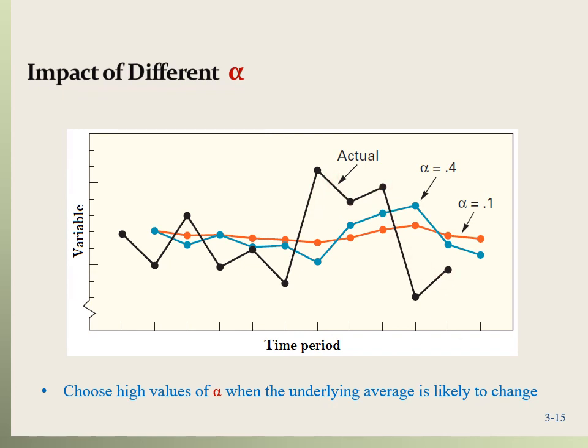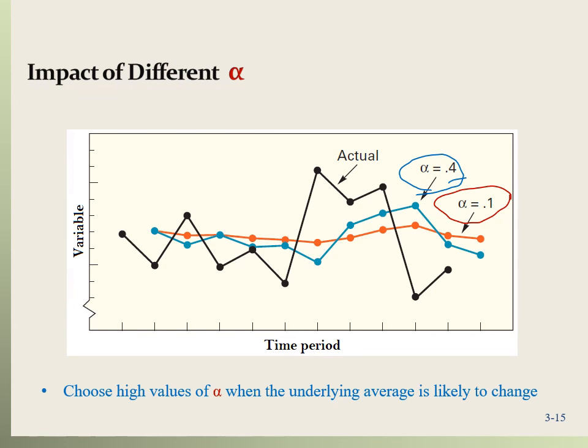We have made two forecasts here using two different smoothing constants. One is alpha equal to 40%, which is shown in the blue plot here. And also one with alpha equal to 10%, the smaller value, which is shown by the red color plot here.